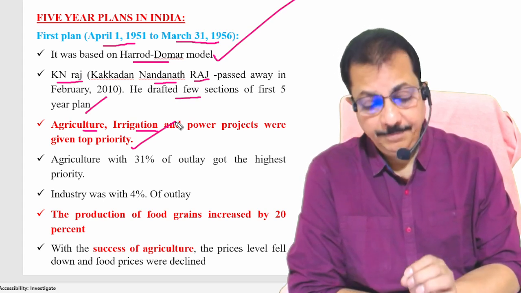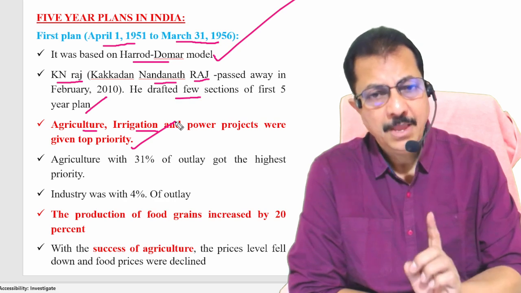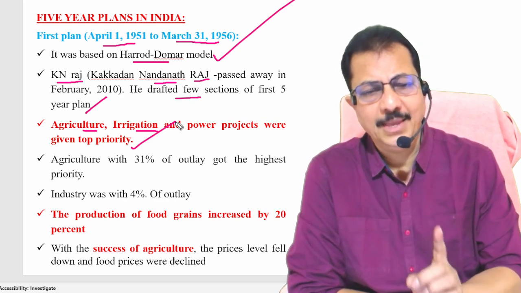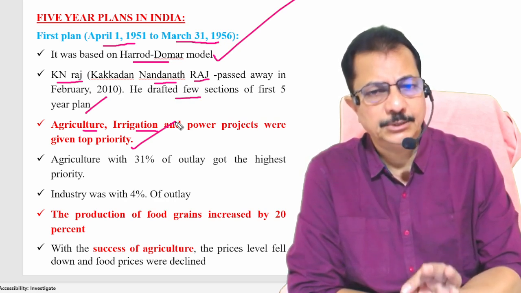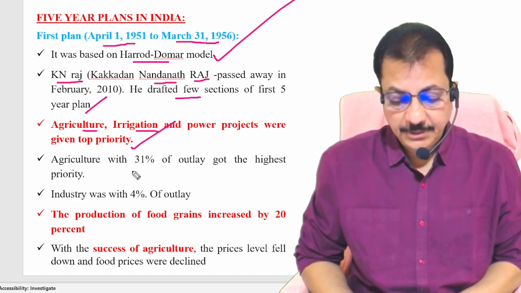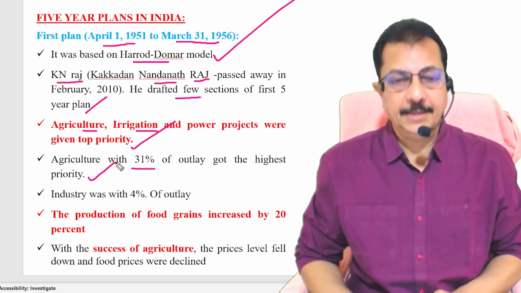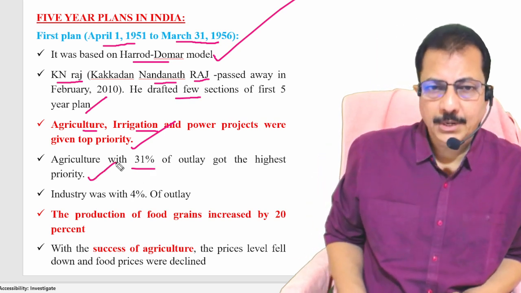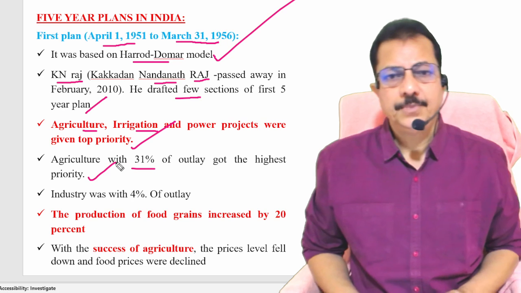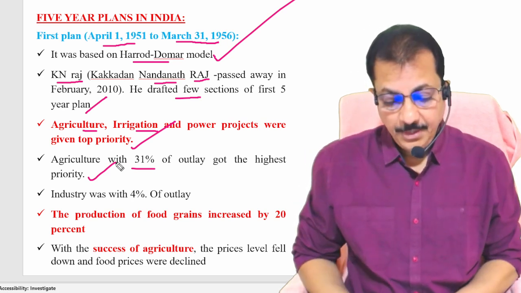That is the reason why agriculture, irrigation and power projects were given the top priority to make India self-sufficient with respect to agriculture. Agriculture with a 31% outlay got the highest priority, meaning out of the total allocation for the 5 years, 31% has been allocated only to agriculture.